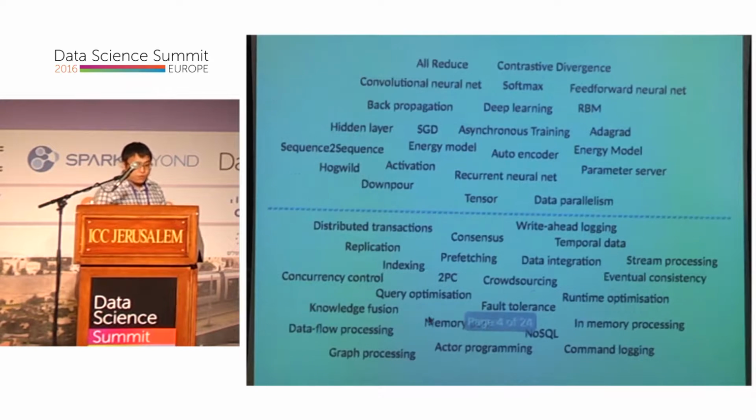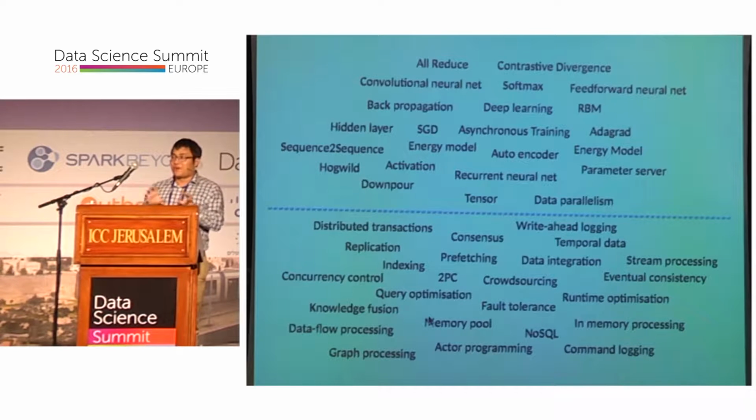These are summaries of all the buzzwords you see when you read those articles. Personally, if you asked me a year and a half ago, I would not have been able to parse any of the words on the top part. Most of these are very difficult to understand if you don't have a background in machine learning or deep learning.